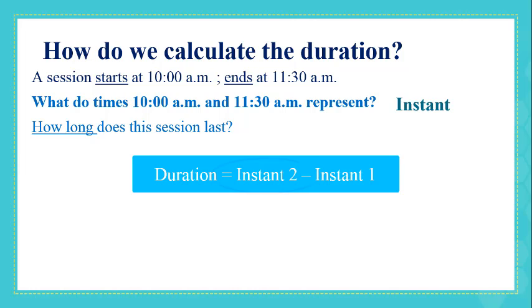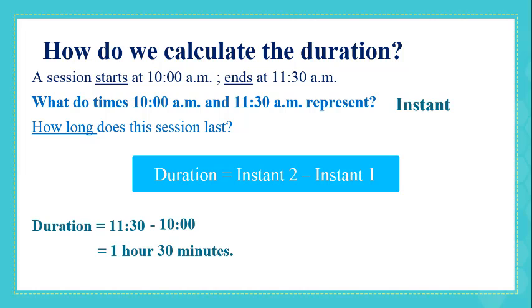Instant 2 represents the time at which the event ends. Instant 1 represents the time at which the event starts. In this case, instant 1 is 10 a.m. Instant 2 is 11:30 a.m. So, duration equals 11:30 minus 10, which is equal to 1 hour 30 minutes.